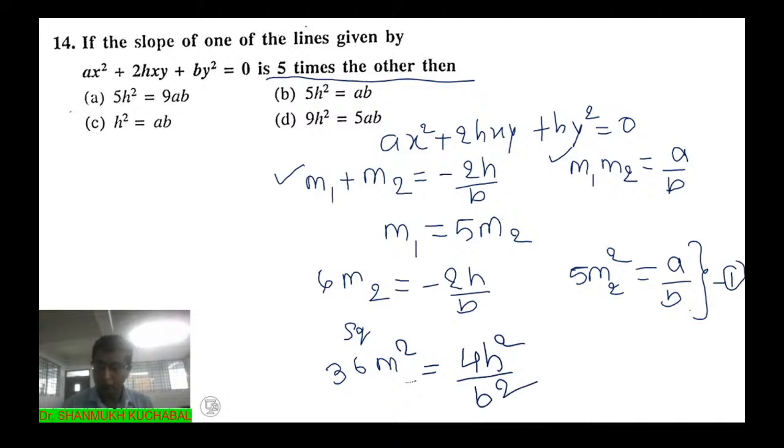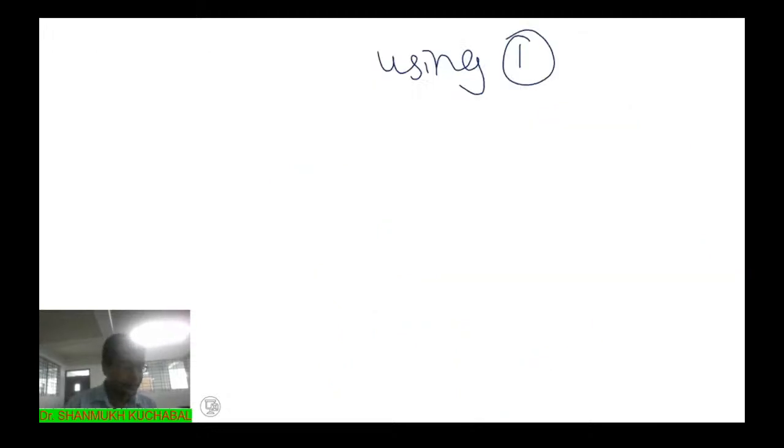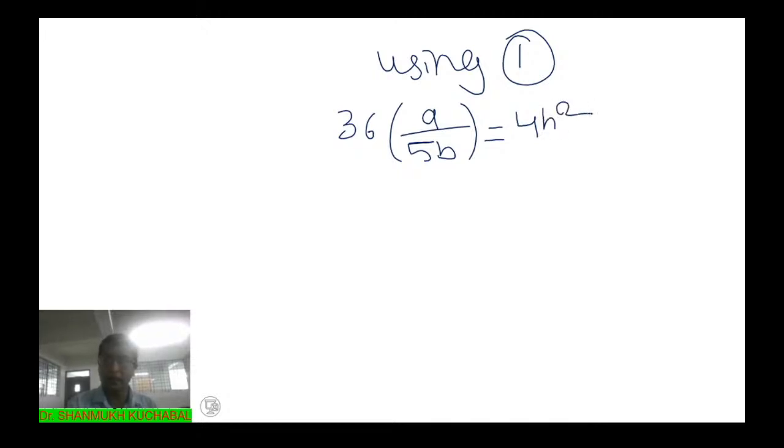Okay, now using equation 1, this m2 square value we have to substitute in this equation. So the resulting equation is 36 times a divided by 5b equal to 4 times h square divided by b square.